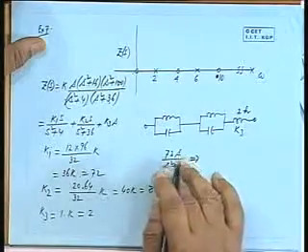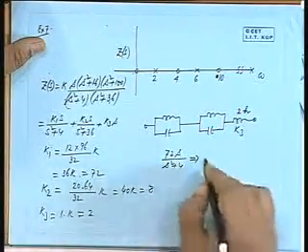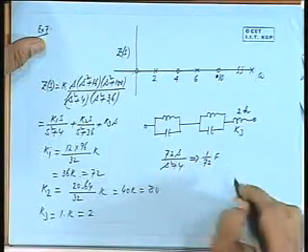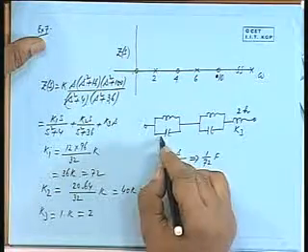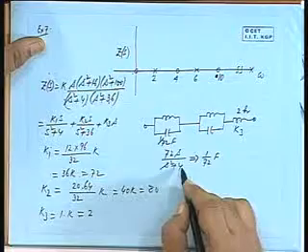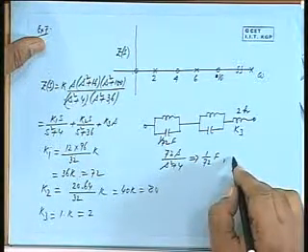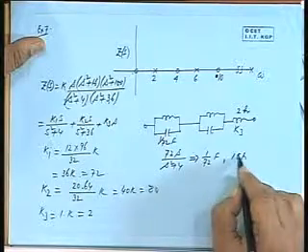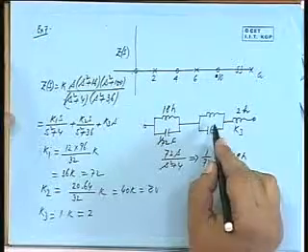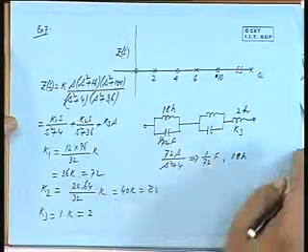S tending to infinity will be giving me 72 by S, so 1 by 72 farads, okay, 1 by 72 farads, and S tending to 0 will give me 72 by 4, so 18 Henry, 18 Henry. Similarly, you can calculate the element values for this, okay.